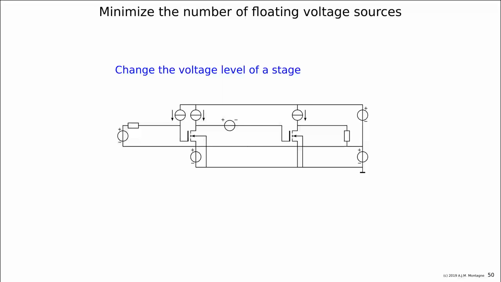But as long as that is maintained, we can change the drain voltage. And that can be a method to eliminate this voltage also. We can just adjust the voltages such that we can eliminate and minimize the number of floating voltage sources.